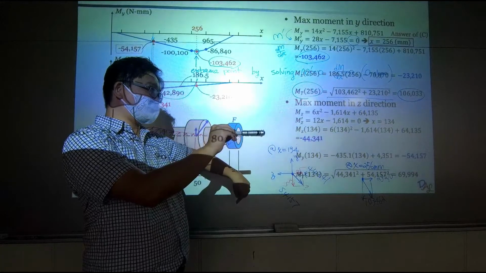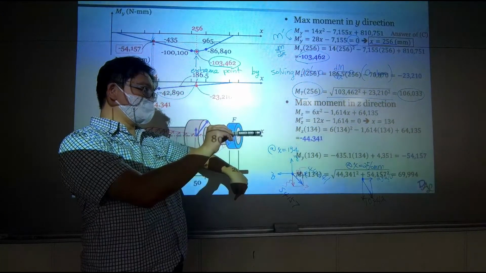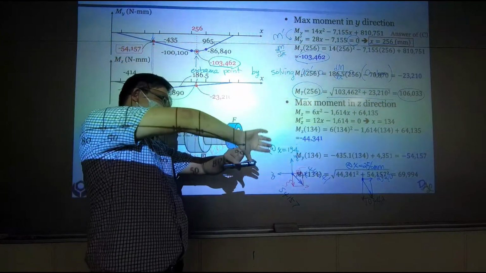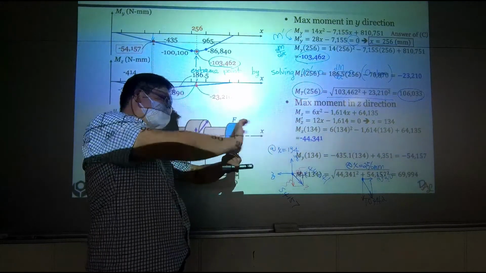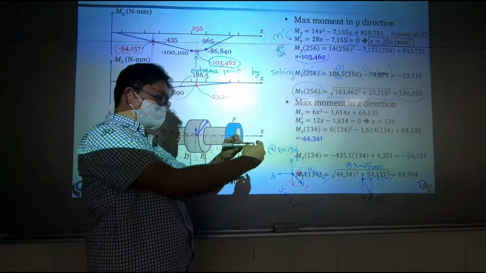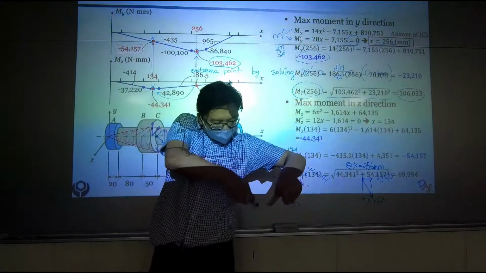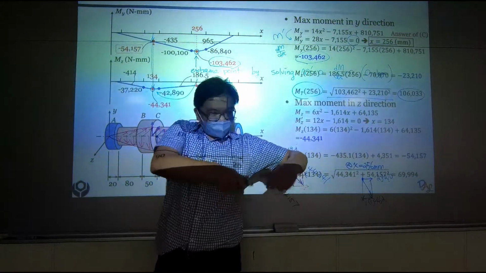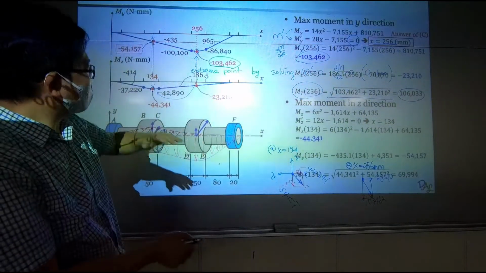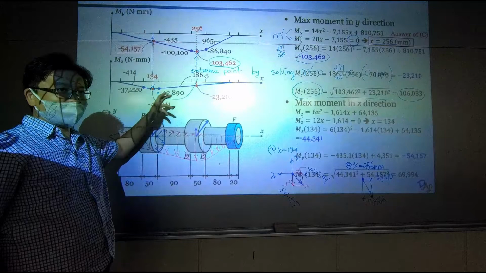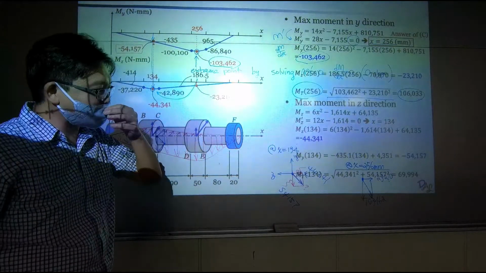If you follow the right-hand rule, it's like this. Is it? Yes, it's like this. So it's being bended like this way, along some angular, some tilted direction. It's not parallel to the XYZ plane. Okay, I hope you understand.